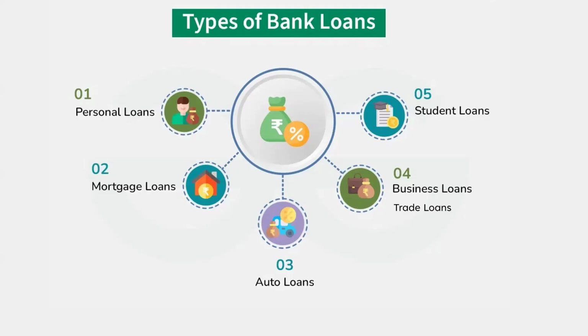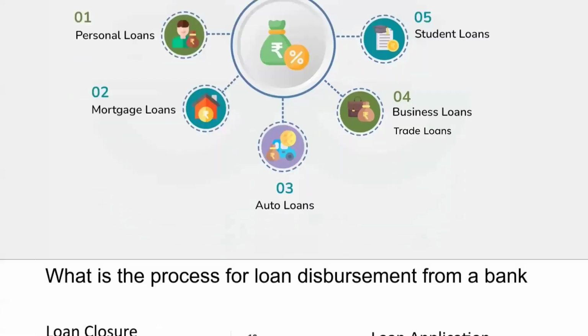That is purely because of the customer's credit history and the risk factor. If they are employed with a government entity or a very secure entity, then they get a very good rate. If somebody is working in a small company where there is more risk, then the interest rate is higher. So this is how the interest rate is set at every loan level or based on the customer.